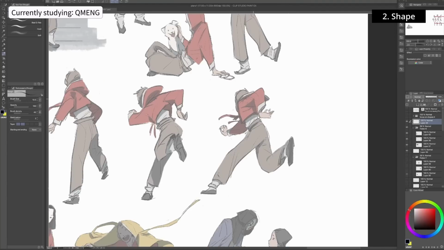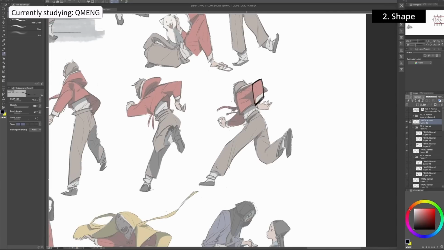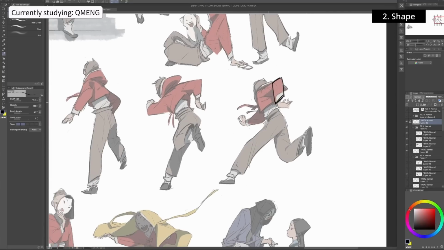So for example, for Qming, she uses a lot of rectangular shapes, just a lot of quadrilaterals. Most of these drawings are just built on stacked quads. For example, this is a whole quad right here. And this is another quad.